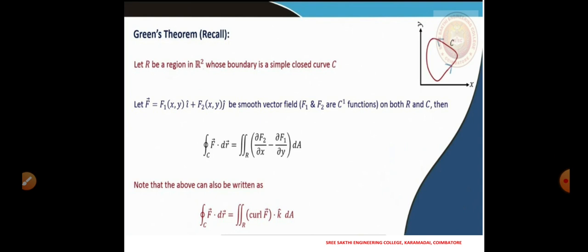Smooth means f1 and f2 are C1 functions on both capital R as well as on the curve C.